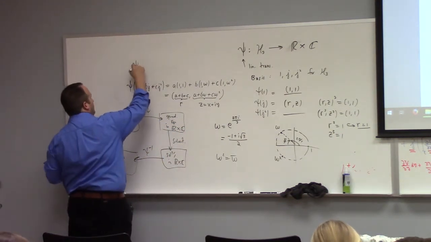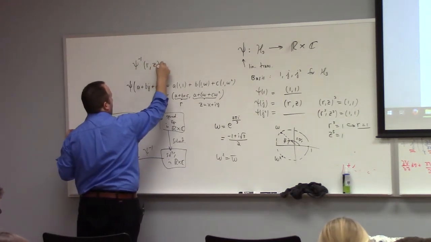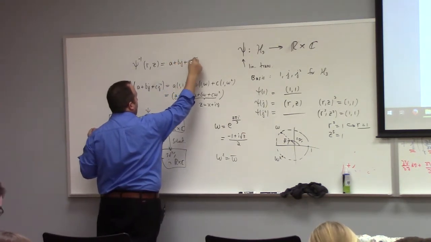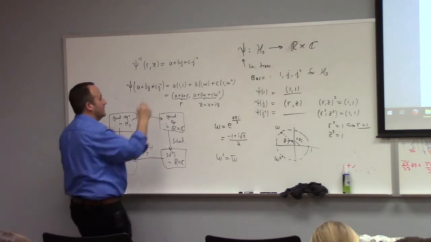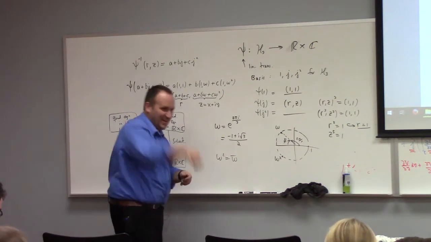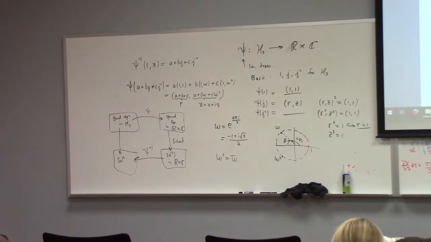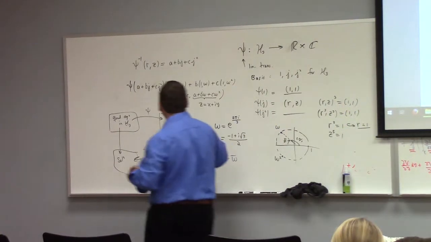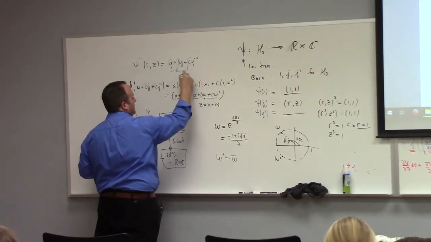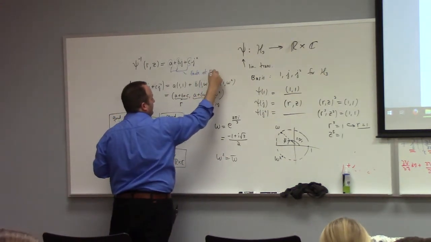So then psi inverse of r comma z is equal to a plus bj plus cj squared, right? Where a, b, and c are what? Well, I would say that a, b, and c are functions of r and z.